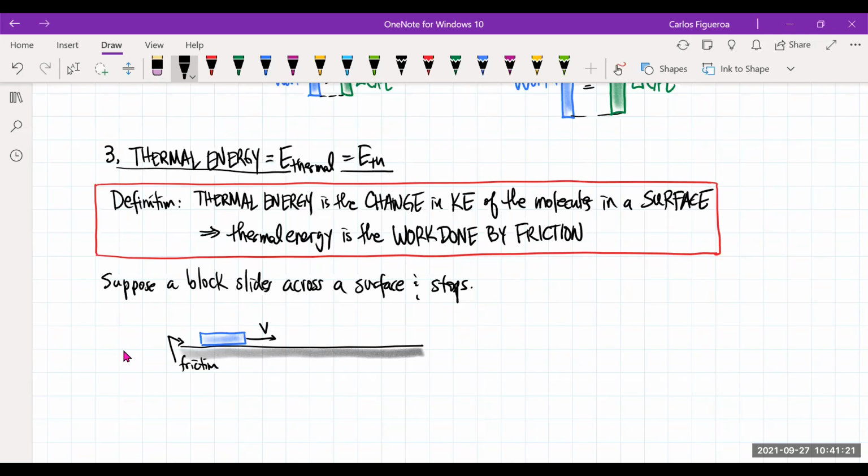As this block slides and comes to a rest, two things happen. There is heating up of the surface that the block is sliding on, and there's heating up of the block. You're going to get these heat spots.